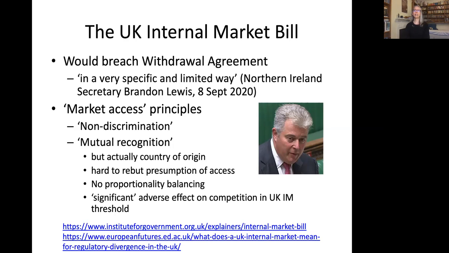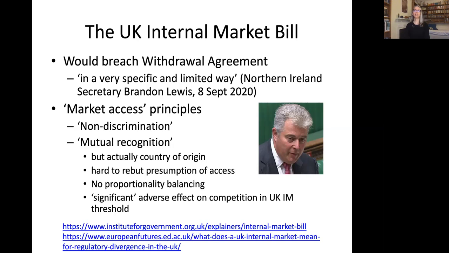Third, unlike in EU law, under the UK Internal Market Bill, there is no proportionality test to balance the competing objectives of market access and protection of different regulatory choices. Fourth, the UK Internal Market Bill only prohibits measures that have a significant adverse effect on competition in the market.